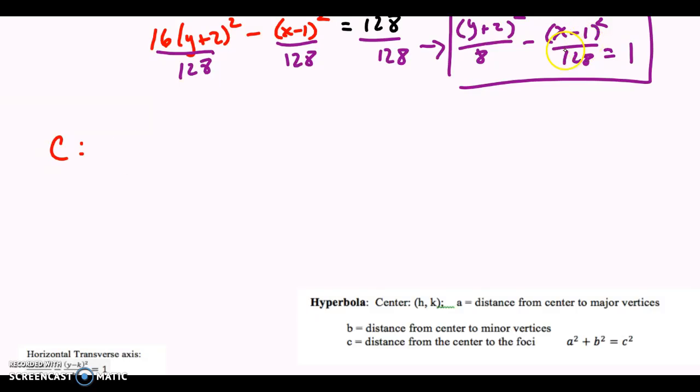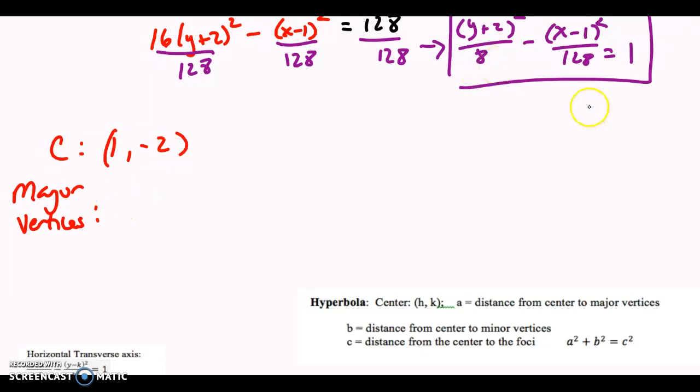With the x value first, we have 1, comma, negative 2. For the major vertices, since this hyperbola is standing up, and I know that because the y's come first, I'm going to be manipulating the negative 2 a little bit.